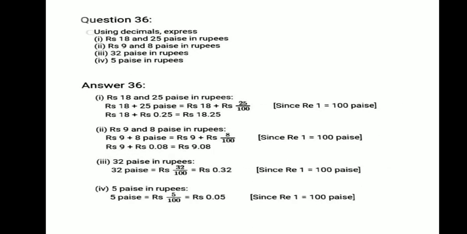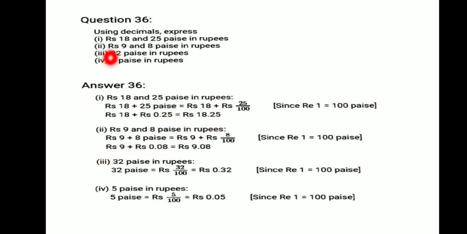Now question number 36, and this question is using decimal express rupees 18 and 25 paise in rupees. Since rupees 1 is equal to 100 paise, rupees 18 plus 25 paise is equal to 18 plus rupees 25 upon 100, and 18 plus 0.25 is equal to 18.25.